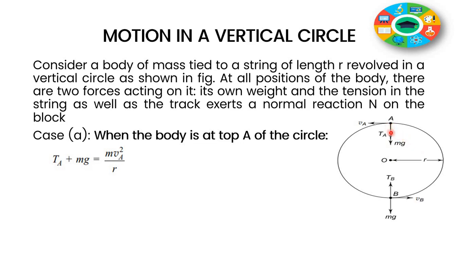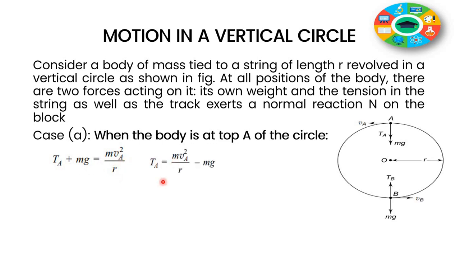Both forces act towards the center of the circle, that is, TA plus mg. Another force is due to the rotational motion of the body, due to the velocity of the body at this place, that is equal to mvA square by r. The forces are in opposite directions, so TA plus mg is equal to mv square by r.